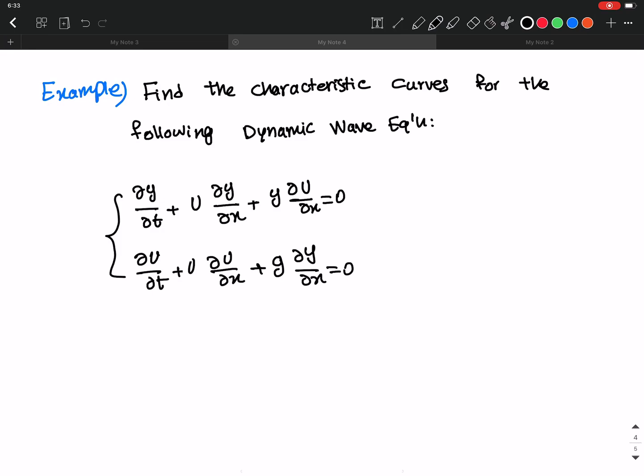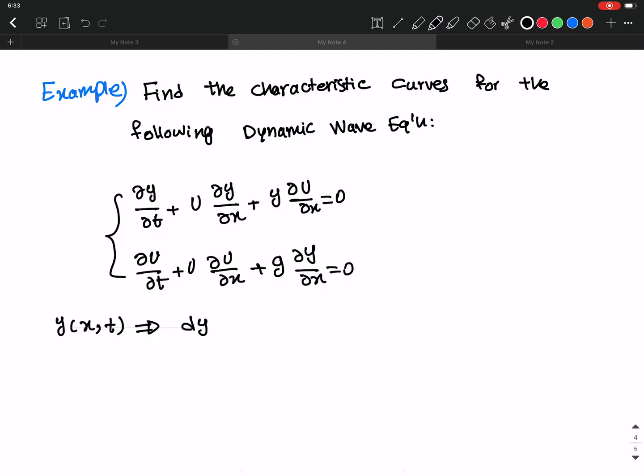So the first technique that we used for an advective transport equation, I'm going to use that technique here to find the characteristic curves for this equation. So y can be a function of x and t. y is a dependent variable, and x and t are independent.